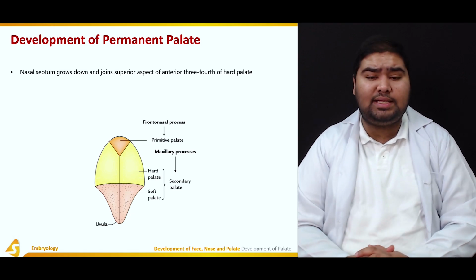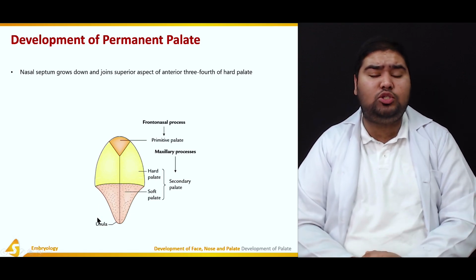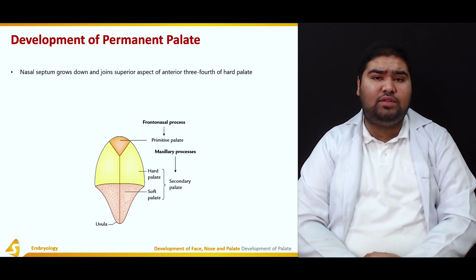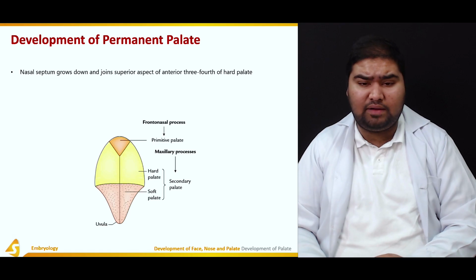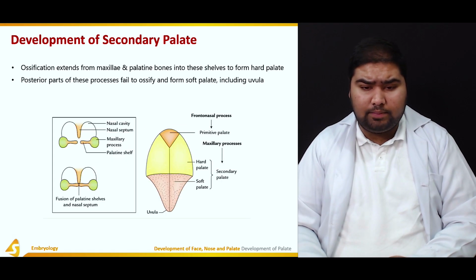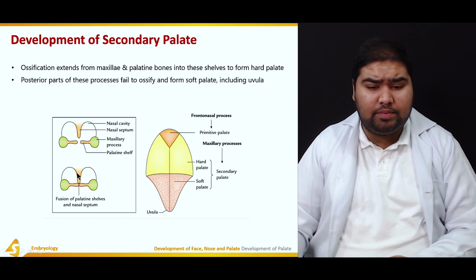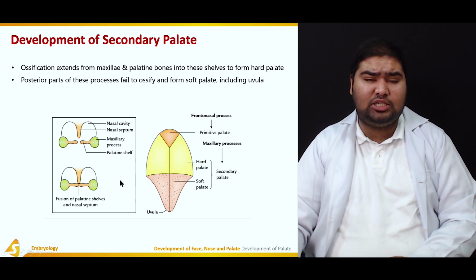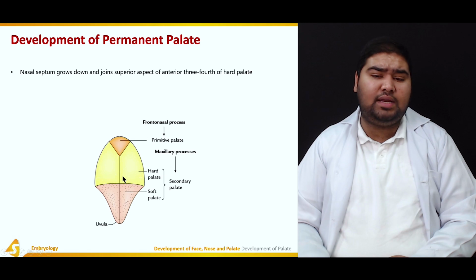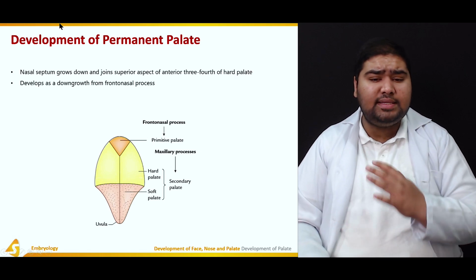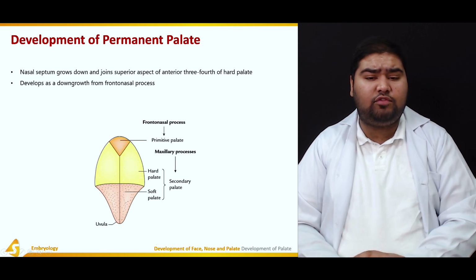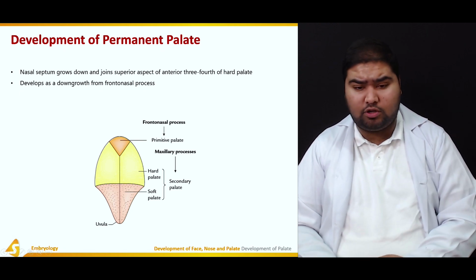Now, the nasal septum also grows downwards and joins the superior aspect of the anterior 3/4 of the hard palate. We've seen that in a figure before. So the nasal septum is also growing downwards and it fuses with the palatine shelves. So the fusion of the nasal septum results from a downgrowth from the frontonasal process.